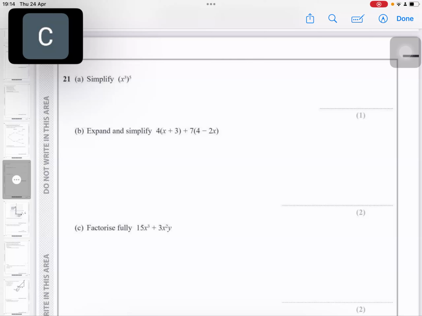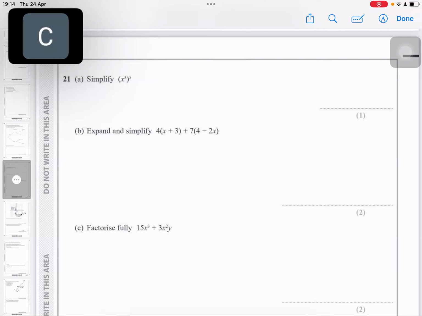Then the next thing that's common between them, a lowest factor. If you look very well, you can see x squared in 3x squared y, and you can also see x squared in 15x cubed. So we're going to take x squared out as a common factor too.